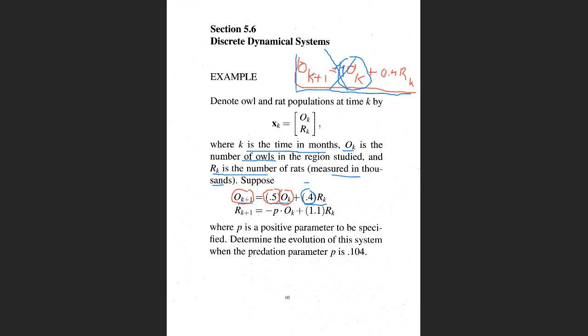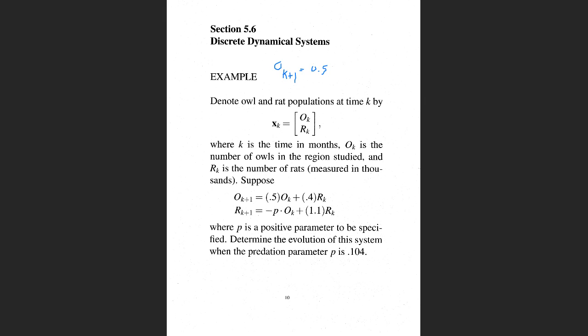And it's positive. Could we instead have a negative 0.4 in front of the R sub k? Would that be all right? To be clear, could we say that the number of owls next month living in the region equals 0.5 times the number of owls this month?